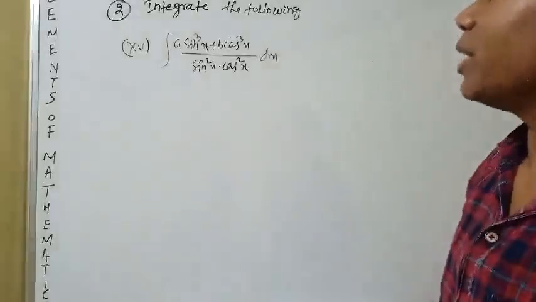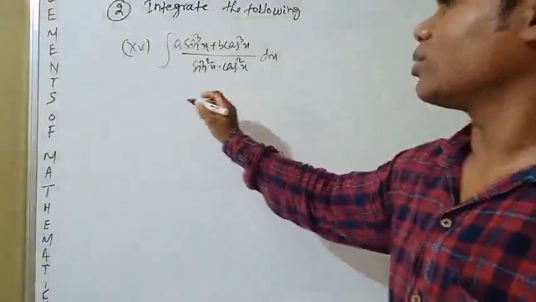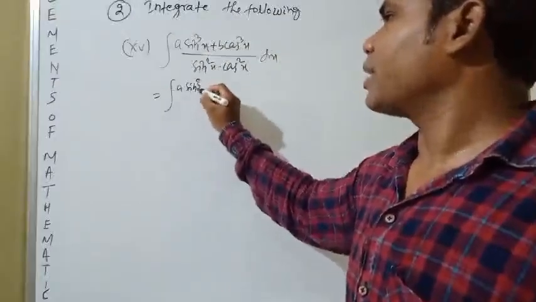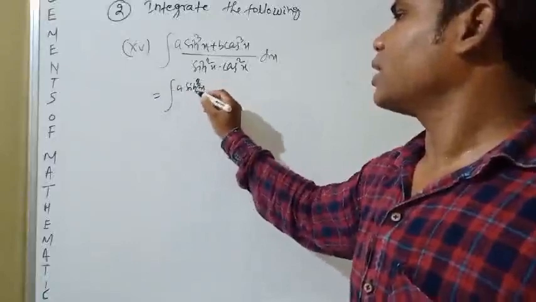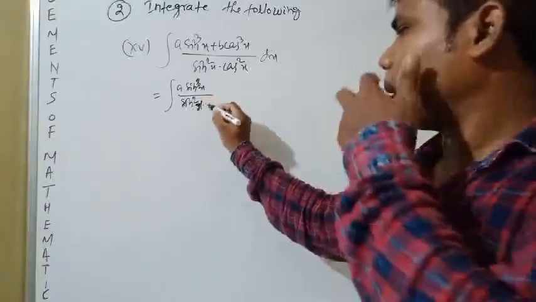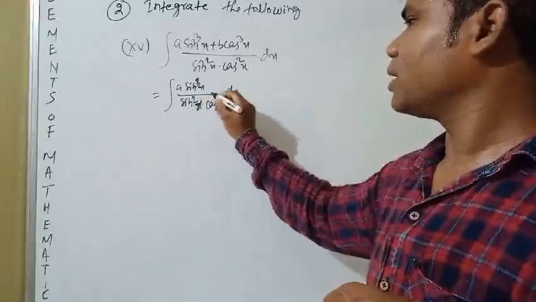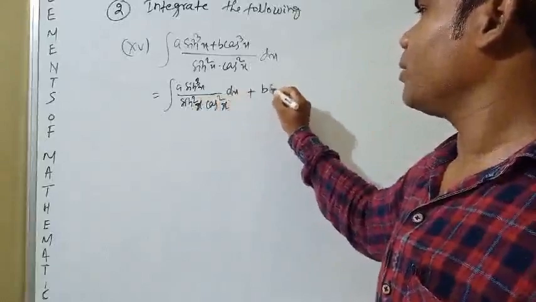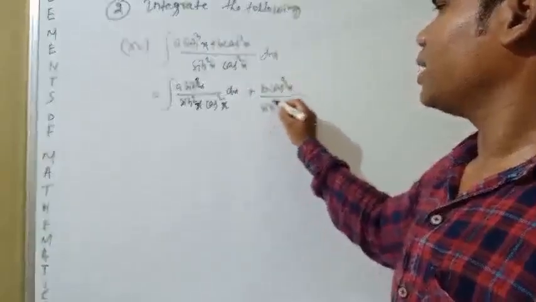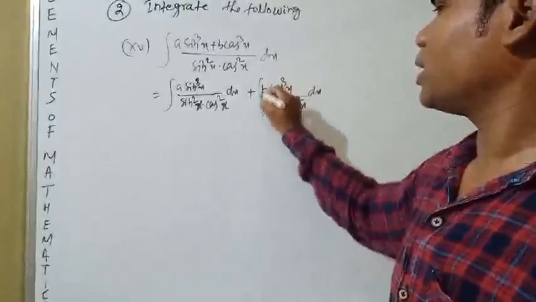You see the next question, (a sin x + b cos x) by sin²x into cos²x is equal to, you see, a sin x by sin²x into cos²x dx plus b cos x by sin²x into cos²x dx.